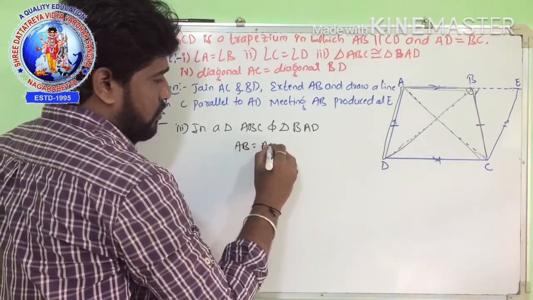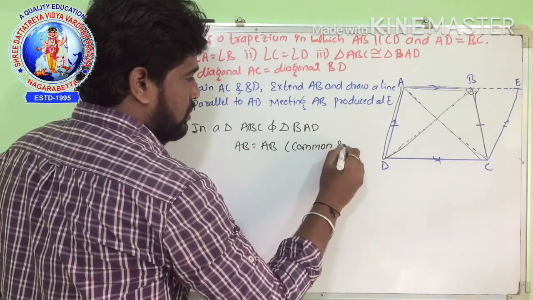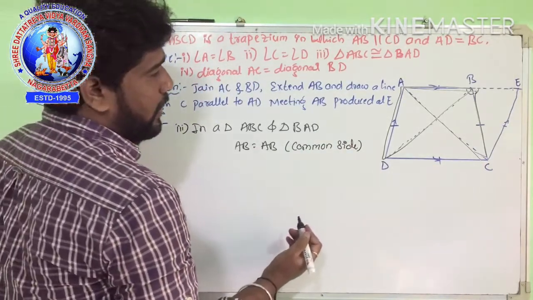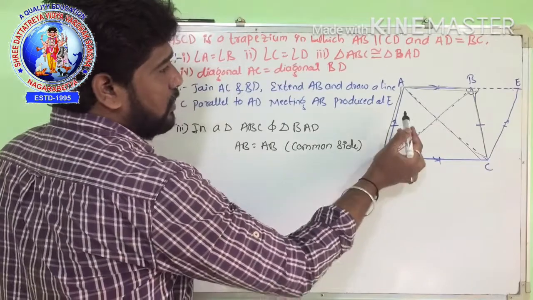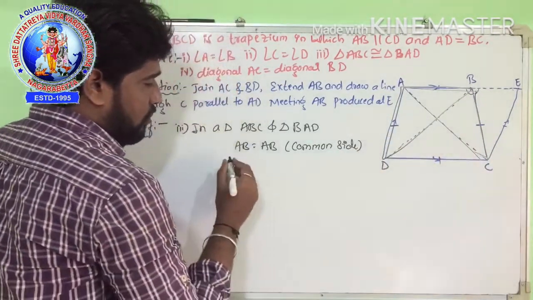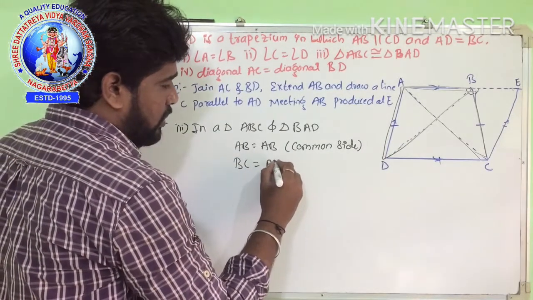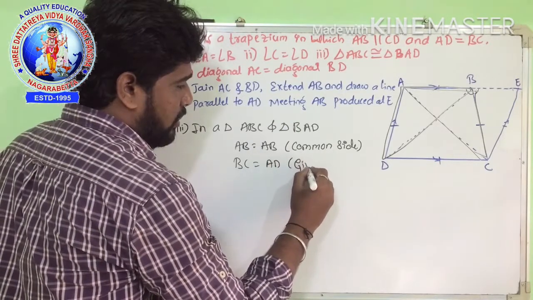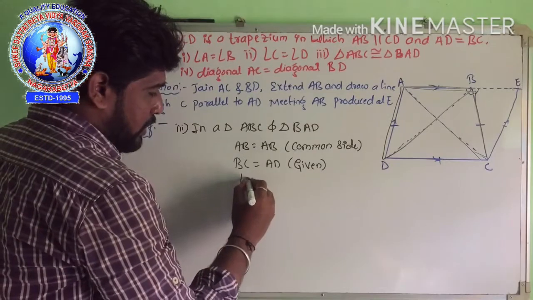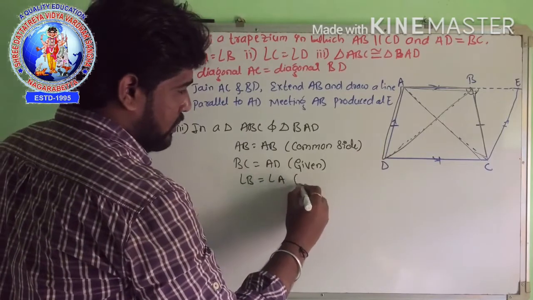AB is equal to AB, common side, right? And here AD is equal to BC. They are given. BC is equal to AD, given, right?